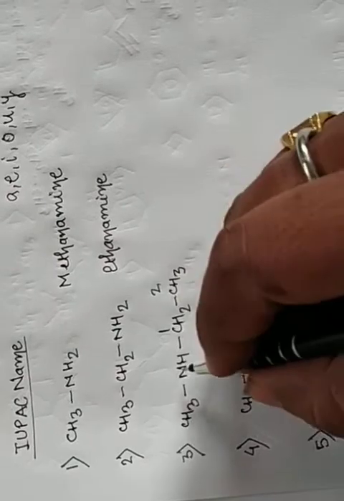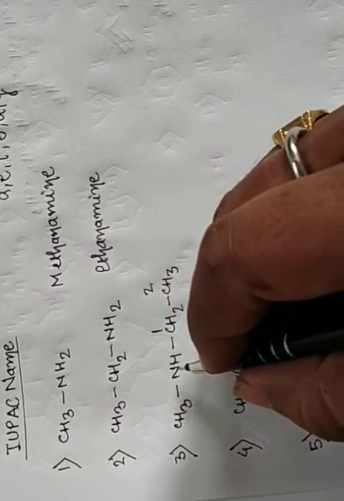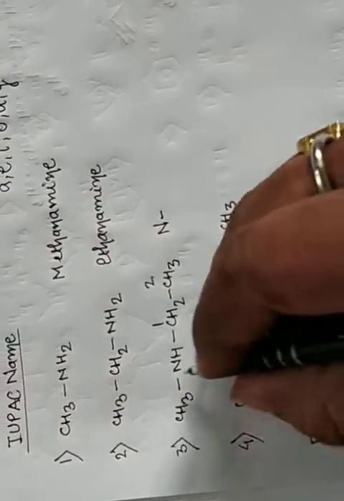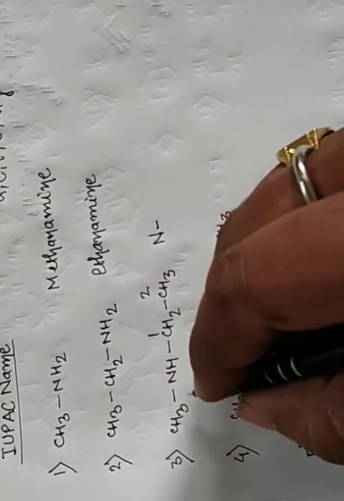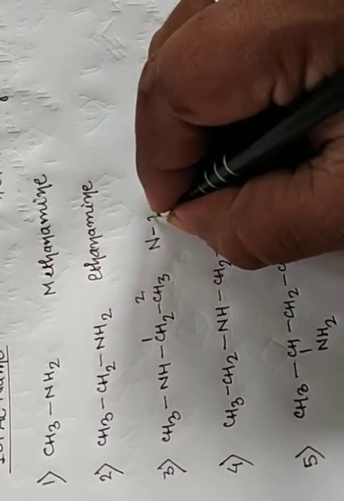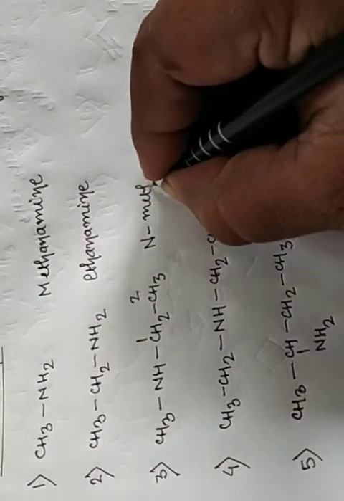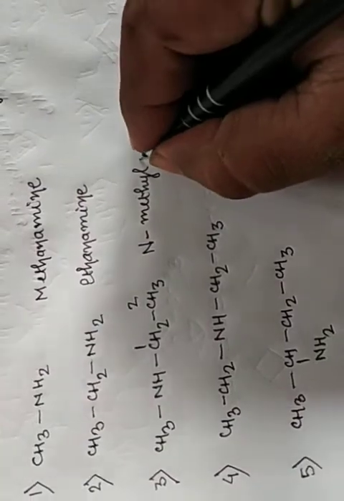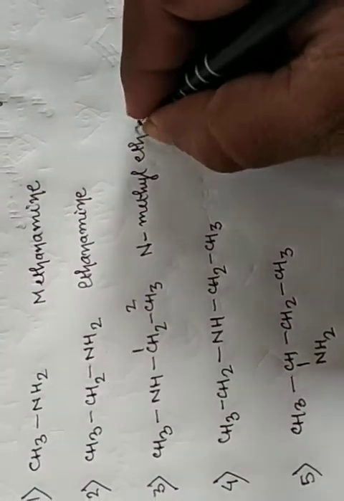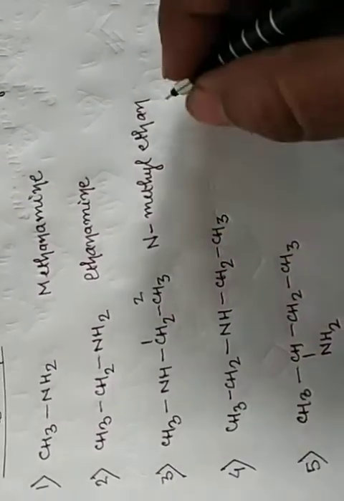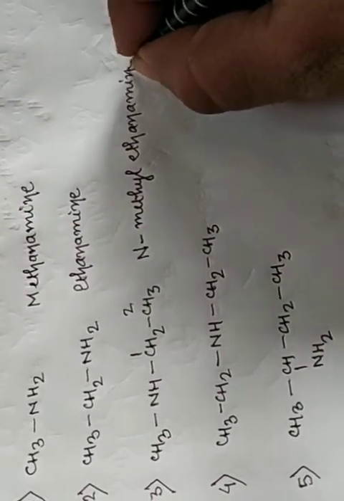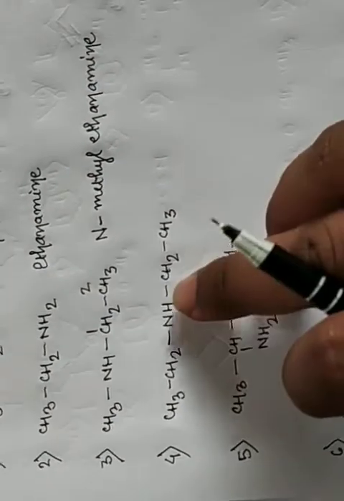First you write N, and then this is a substituent, so N-methyl. Clear? And how many carbons are there in the longest chain? 2, so ethane, and E replaced by amine: ethanamine. Clear? 100%? Okay.